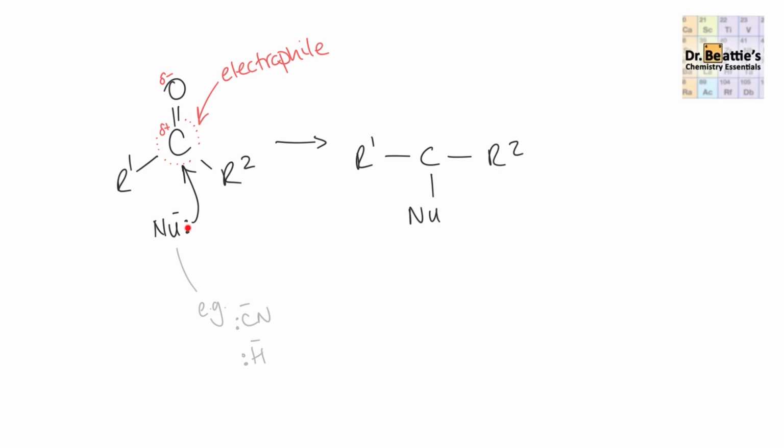So as you simultaneously form this bond, which ends up here, then you need to break one of these bonds that were originally there. And the one that is broken is the one between the C and the O. Draw from one of these bonds and you put it onto the oxygen, leaving behind a single bond to oxygen.